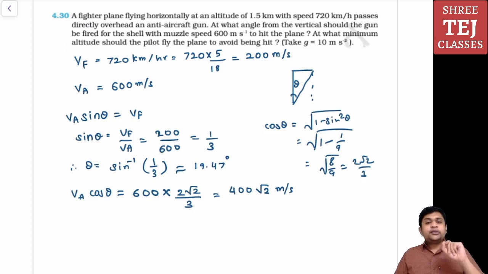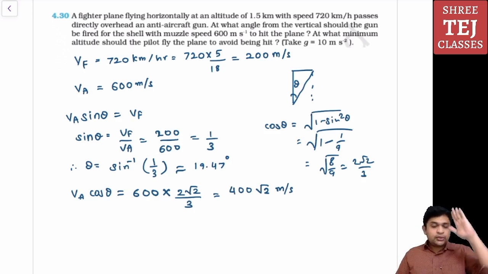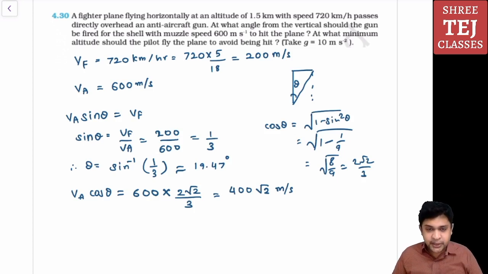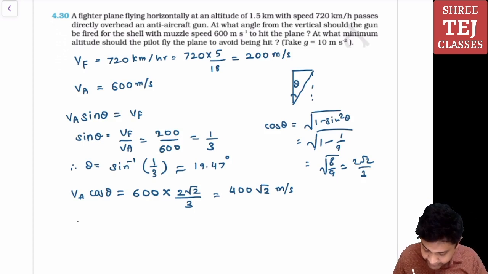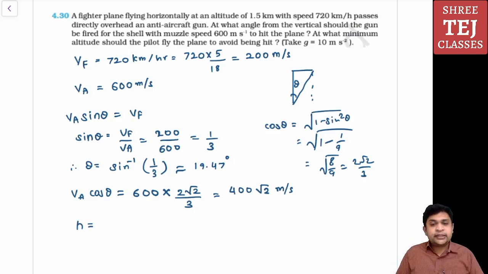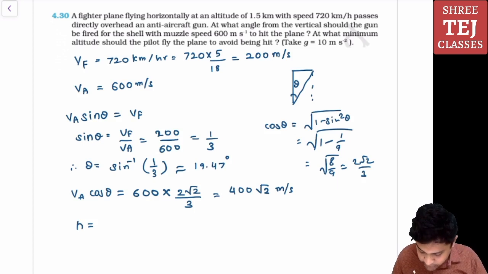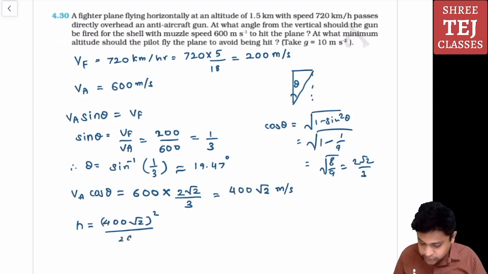The shell will go up and then come down. It will reach a maximum height. So we need to make sure that the plane is flying above that maximum height. So let us find the maximum height reached. The height h is nothing but u square upon 2g, where u is the vertical component of the velocity. So that would be (400√2) square upon 2g.